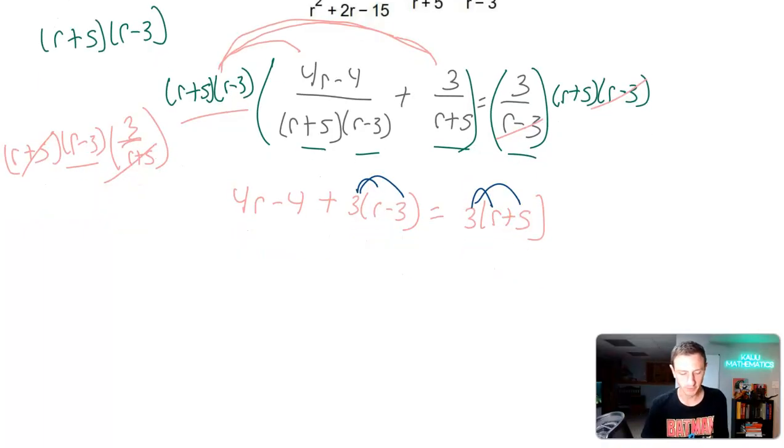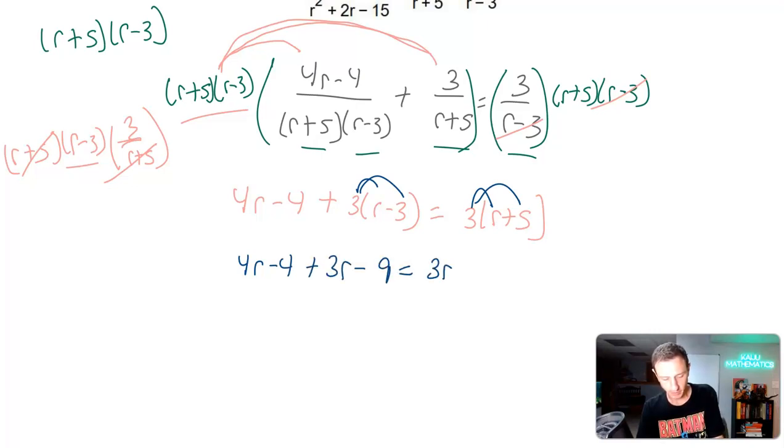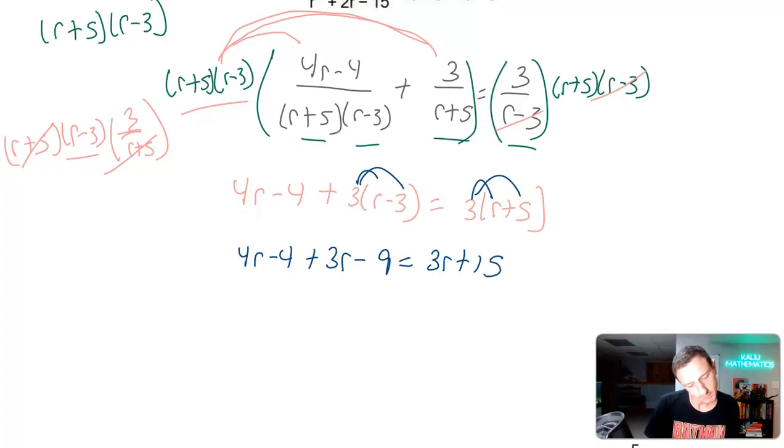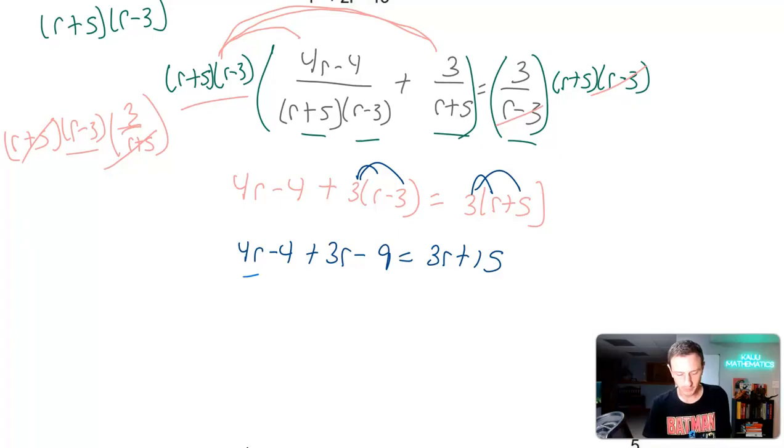We're just solving an equation from here. So 4r minus 4 plus 3r minus 9 equals 3r plus 15. I'm going to go through the solving a little quick. So I have 4r plus 3r, negative 4 minus 9. 4r plus 3r is 7r.